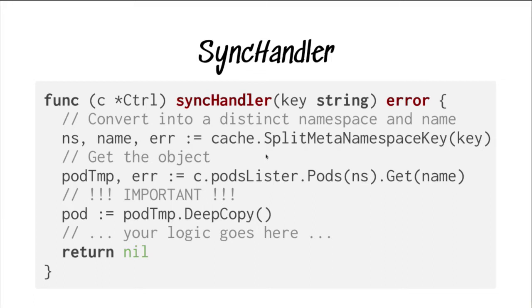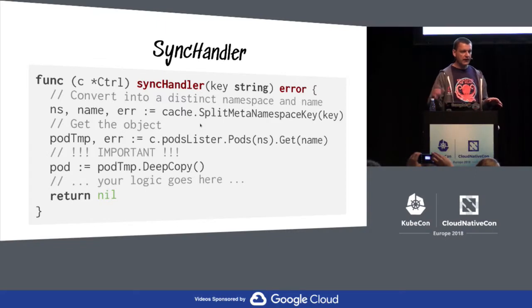There are even specific helper methods designed to encode and decode those keys back and forth to namespace and name. That will be the first invocation of every sync handler in your code, to get the namespace of the resource you want to work with and the specific name of the resource. After you're done with that, you will actually get the object from the cache.